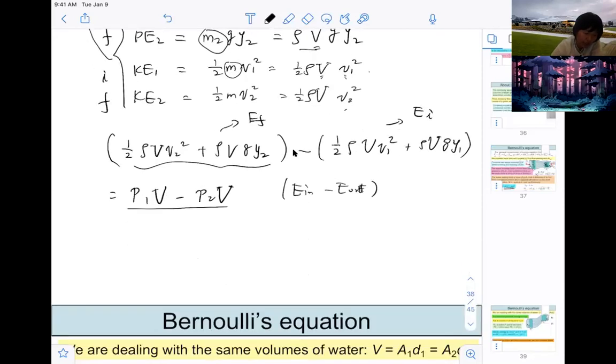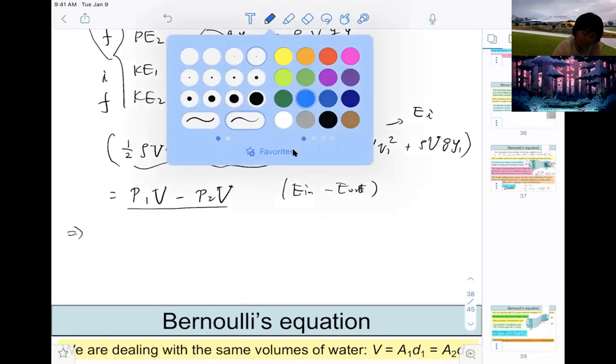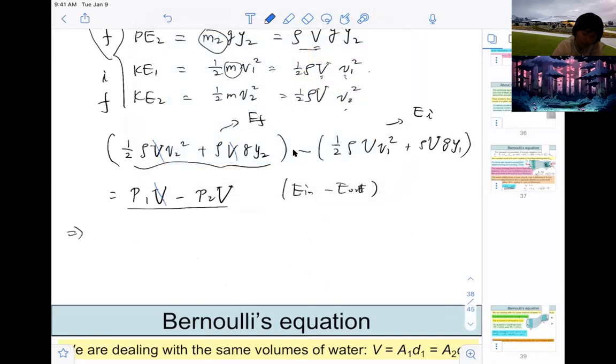All right, so we are getting really close. Now, to clean this equation up a little bit, let's cancel all the stuff that we can cancel. We can cancel V from all sides of the equation. P1, P2, there's nothing else we can cancel. So we will have P1 plus 1/2 rho v1 squared.